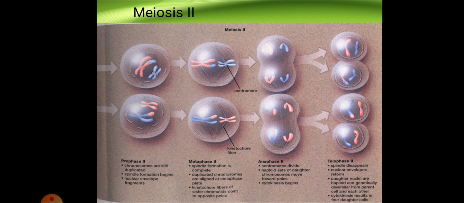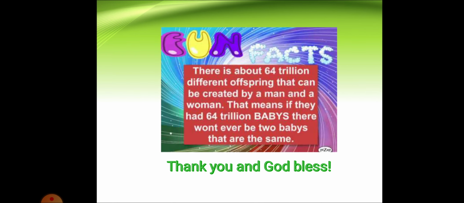And for the fun facts about meiosis or mitosis, alam nyo ba that there's about 64 trillion different offspring that can be created by a man and a woman.